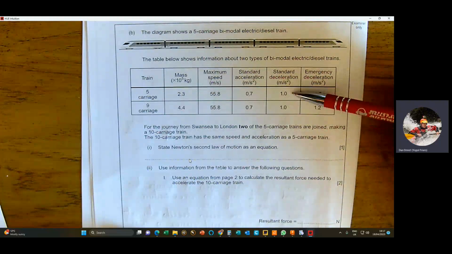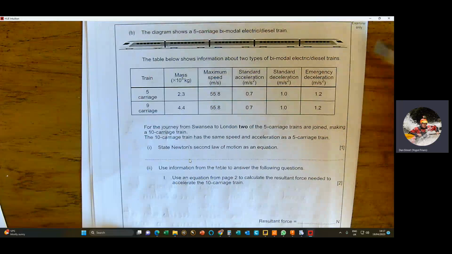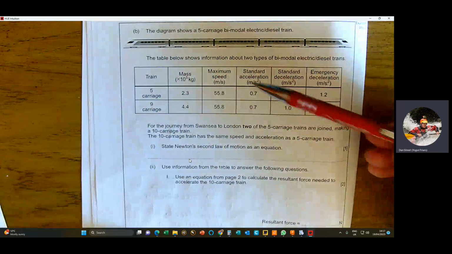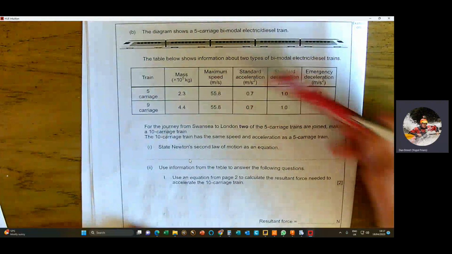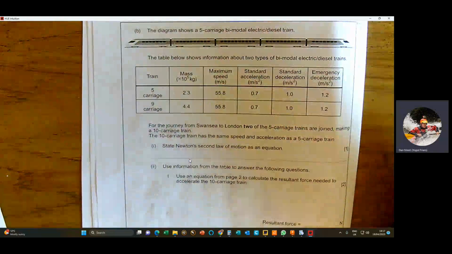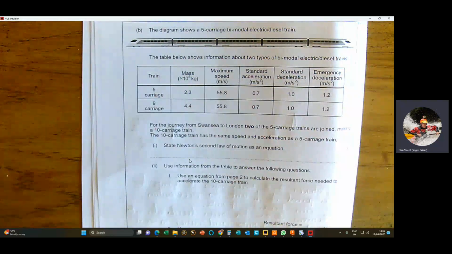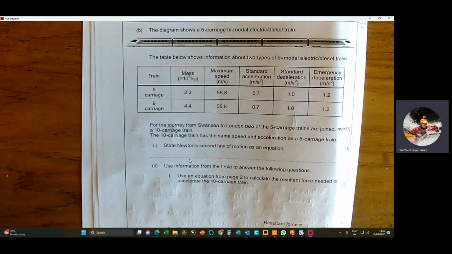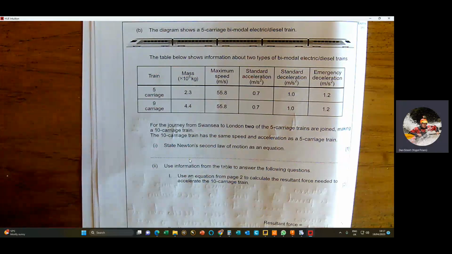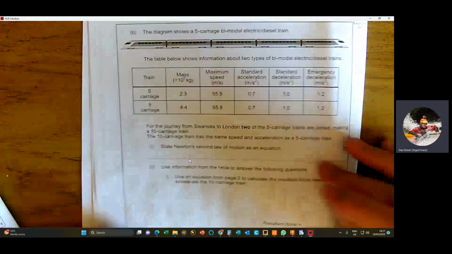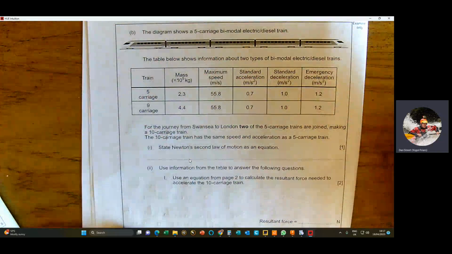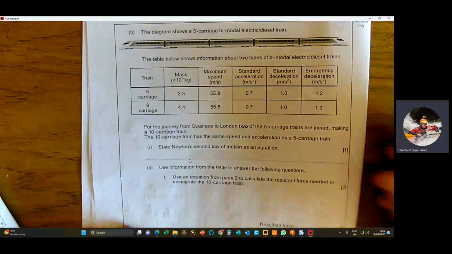The standard deceleration, so this is braking, is the same, and the emergency deceleration is the same. So the only thing that differs about these 2 trains is the mass. For a journey from Swansea to London, 2 of the 5-carriage trains are joined, making a 10-carriage train. The 10-carriage train has the same speed and acceleration as a 5-carriage train, and indeed a 9-carriage train.